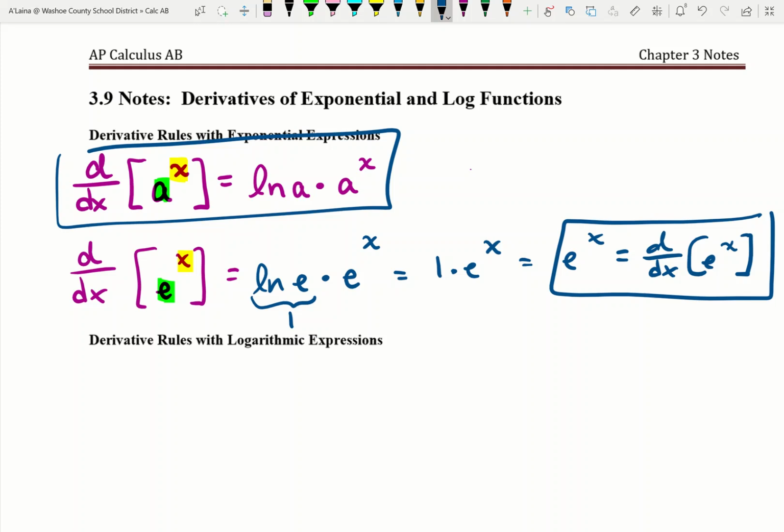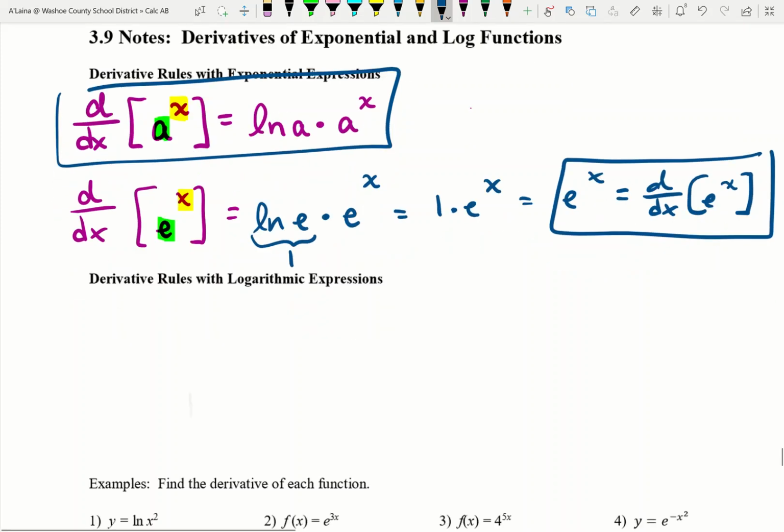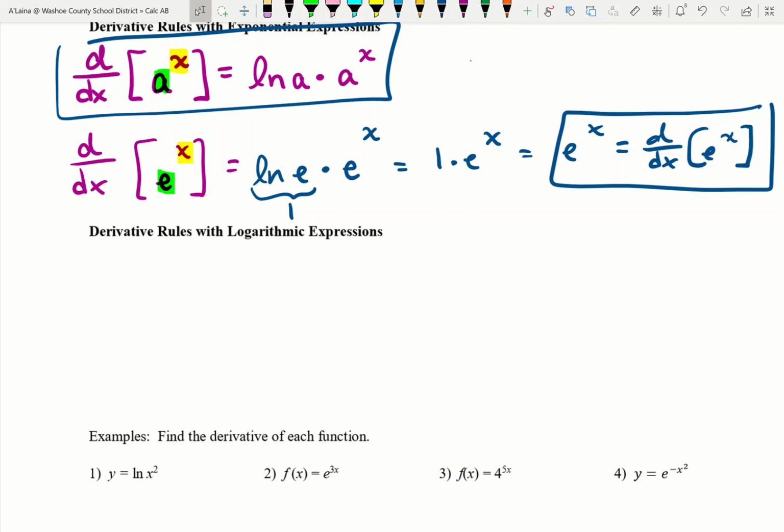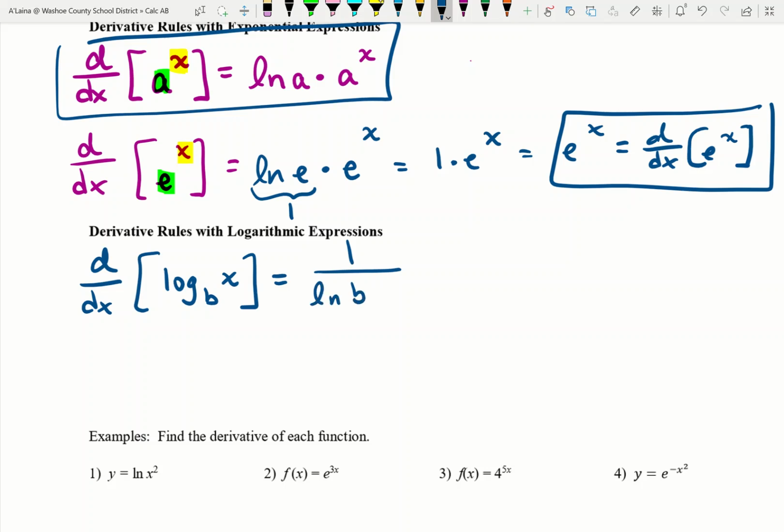We're also going to be looking at the derivative rules for logarithmic functions. We'll start with a generalized rule for any base. I'm going to write this as log base b of x. The derivative is 1 over the natural log of the base, times x.